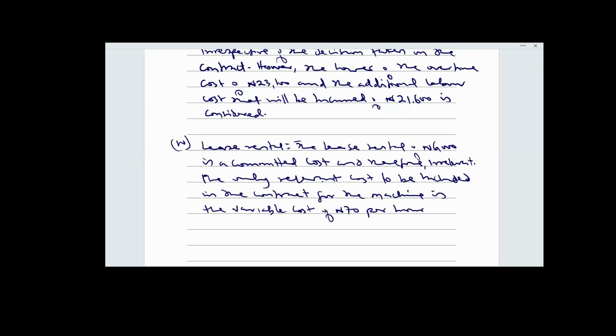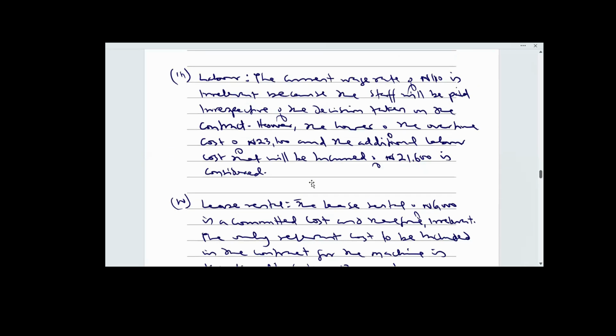Okay, it's variable cost of 70 naira per hour. That's that. So let's go and do that.